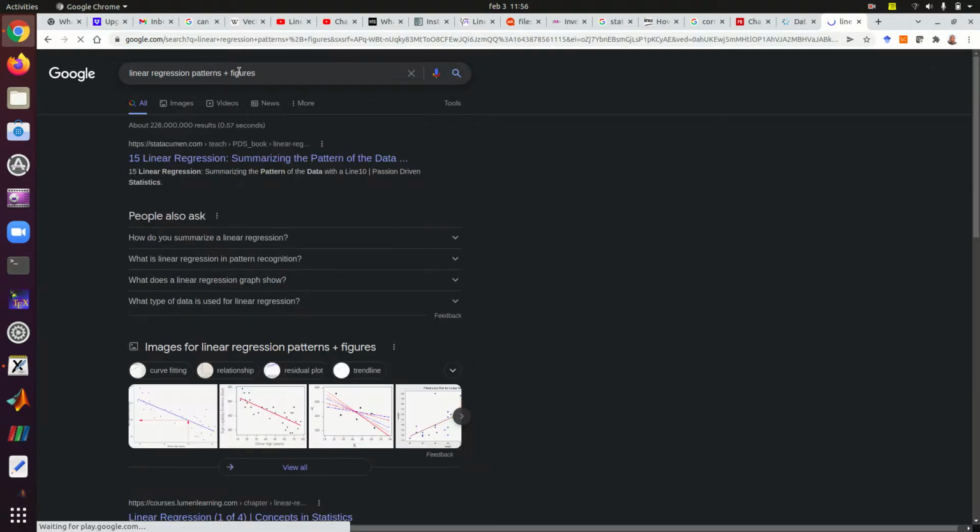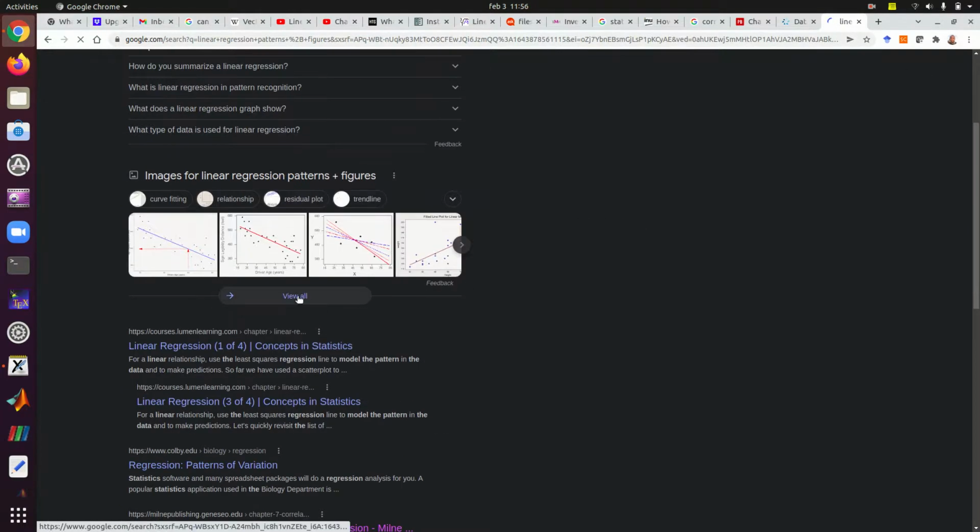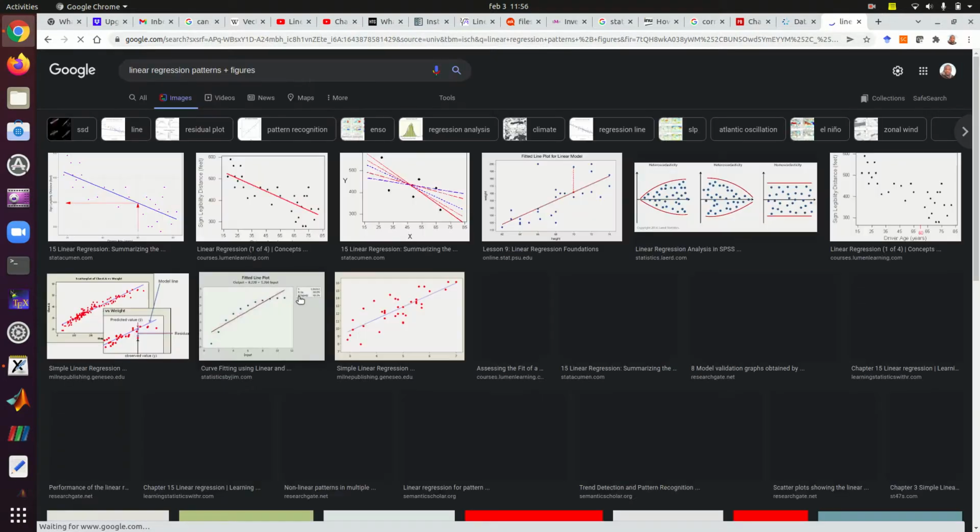Okay, sorry, I think this is what I was looking for, images for linear regression. I'll try to explain based on this.